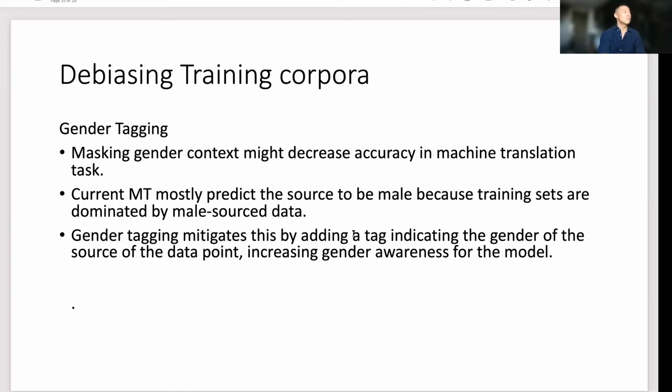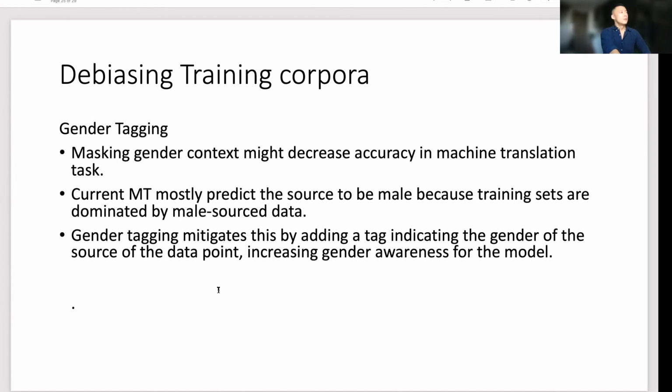So we could do something like gender tagging, so that when you translate, it behaves in a gender unbiased kind of way. But we think that masking might decrease the accuracy for machine translation.